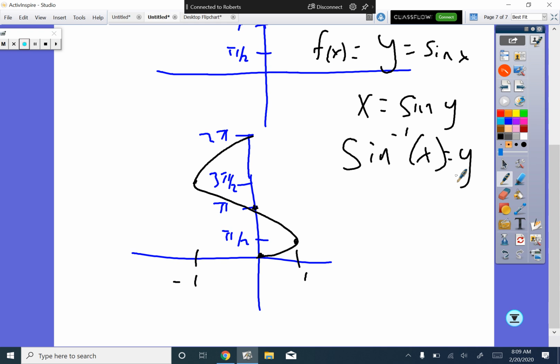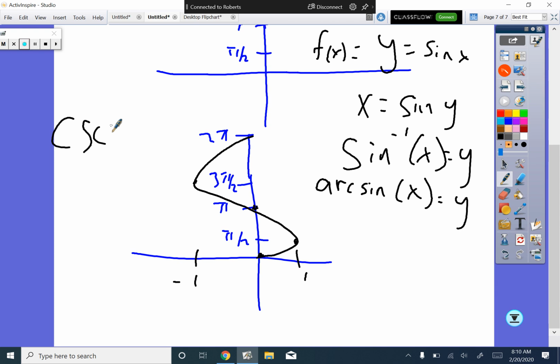Another name I also use is arc sine. I like to use arc sine because some people sometimes confuse this with cosecant. Is this the same thing as cosecant because we see the -1? It's not. That's why I don't like to use that notation, so you don't think it's just the reciprocal. It's its inverse. Does that make sense to everybody?